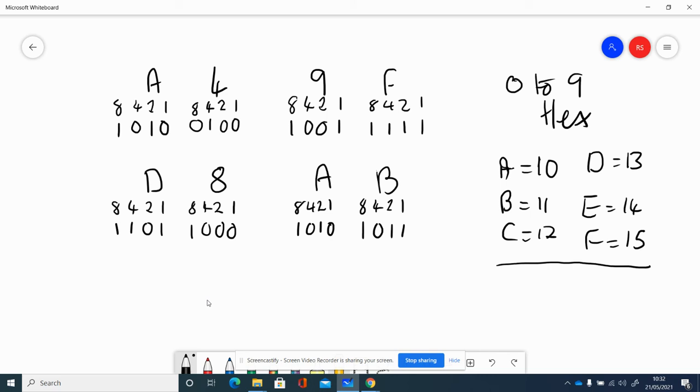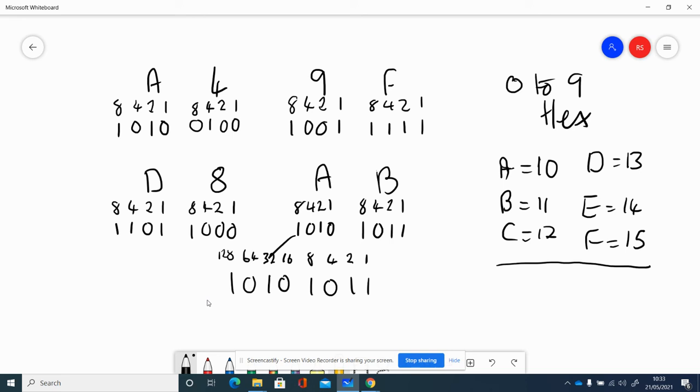So on our whole binary number, we'd end up on this one, for example, with 1010 and 1011. So if you needed to convert that into decimal, you could do that just the same way as we did before. 1, 2, 4, 8, 16, 32, 64, and 128.